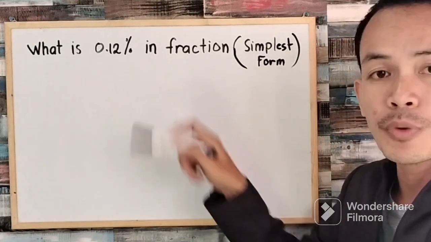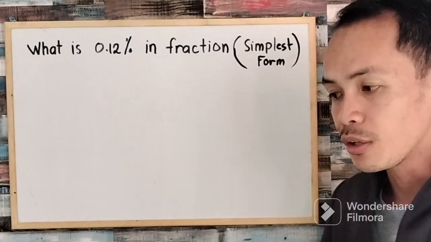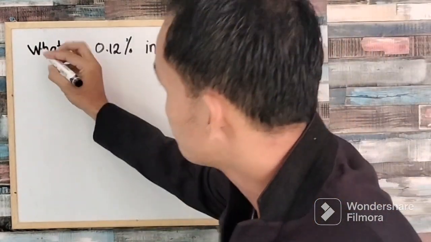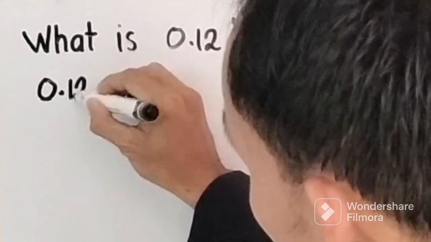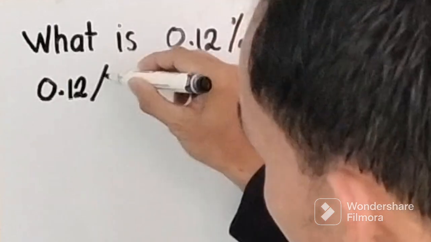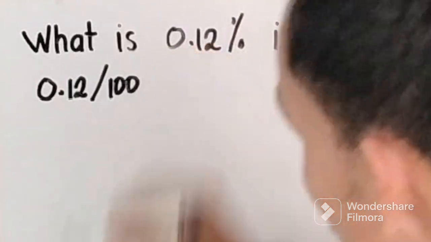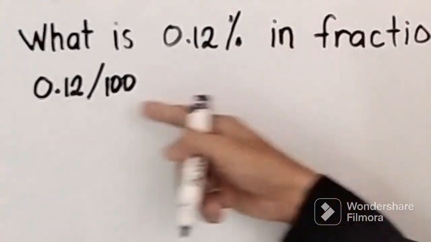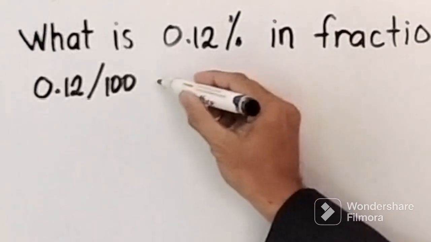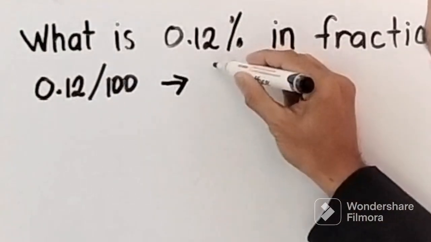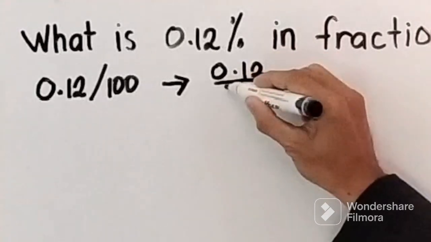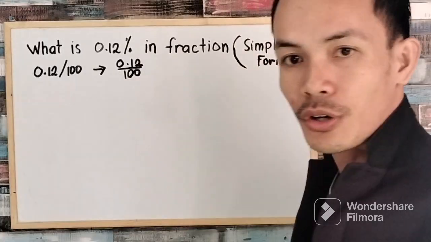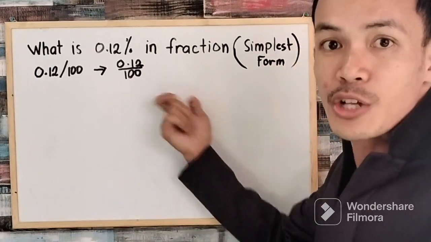So, 0.12%, we can also write this way, 0.12 per 100, right? Because percent is per 100. Or we can write this way, 0.12 over 100. Now, this is now in a fraction form.